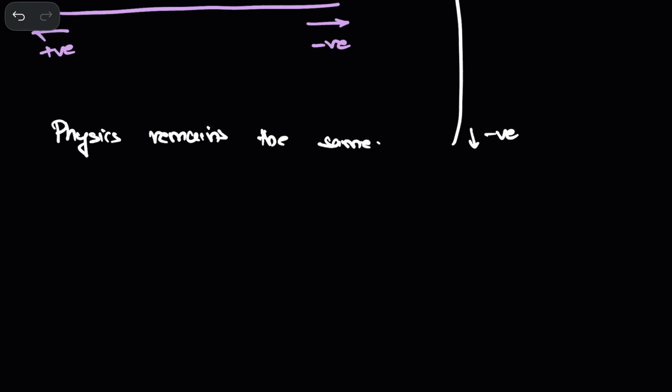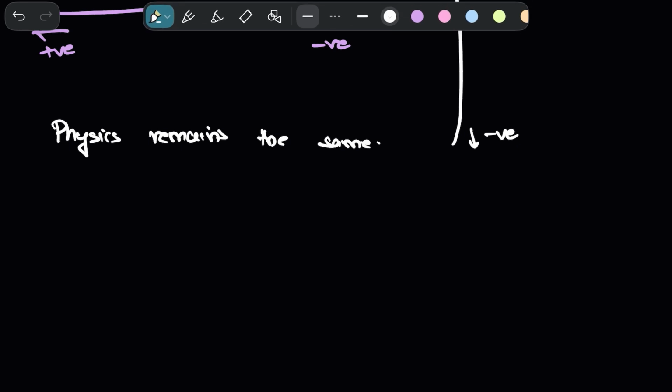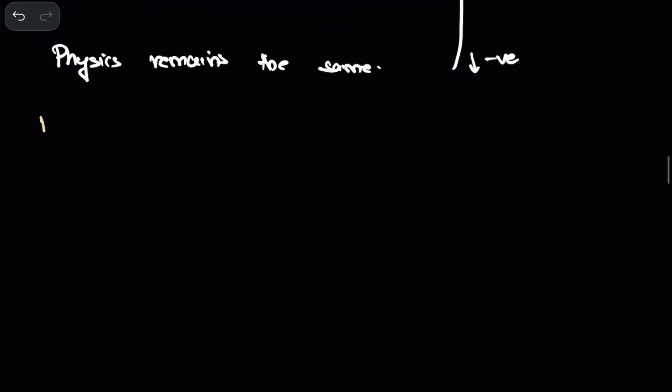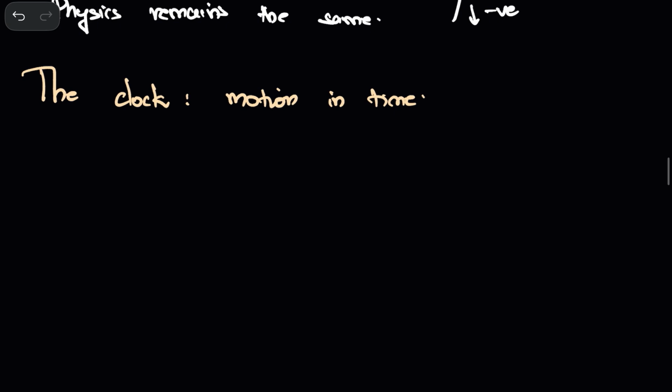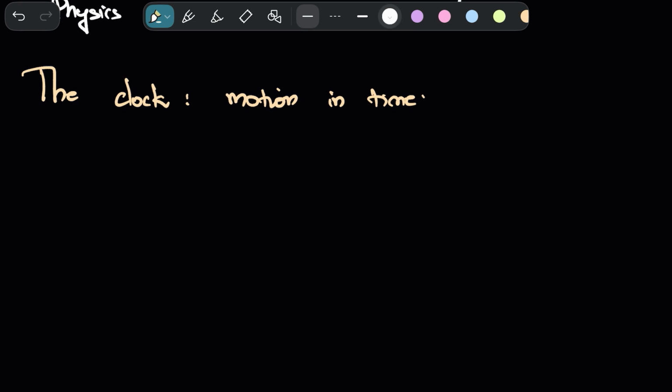All right, now let's move on and understand clocks. The clock. Motion in time. Position alone is not enough to describe motion. We also need time, as we discussed before.